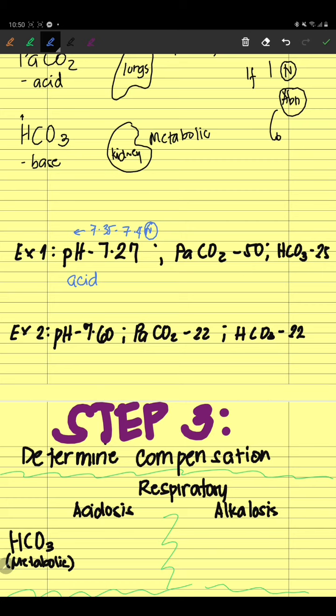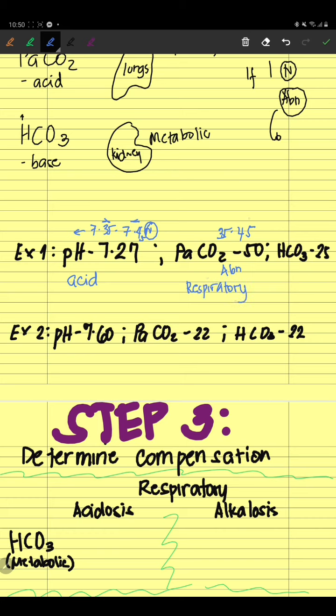Next, let's check here kung saan dito ang abnormal. So, PaCO2, normal level natin is, kunin mo lang dito sa taas, 35 to 45 ang normal levels. So, in this case, 50 is greater than the normal level of 45. So, ito yung abnormal. So, this is already a respiratory.